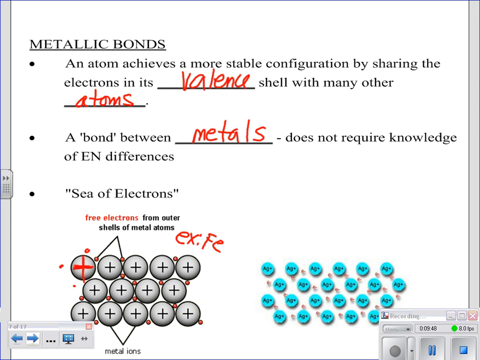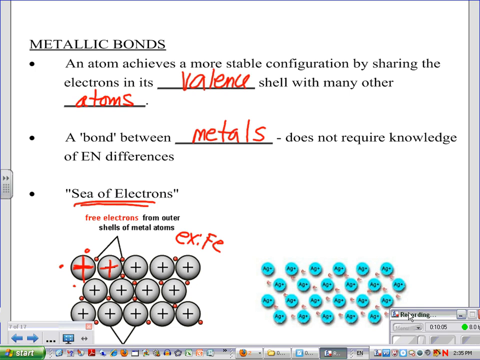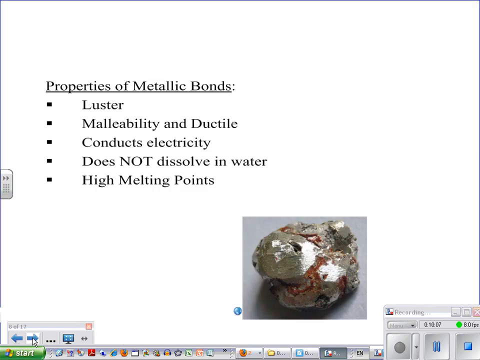These electrons floating around outside are attracted to the positive ions of those metals because they gave up those electrons. So it kind of holds it all together. And the best way to describe this is a sea of electrons. And we have this little video that will show it in this next one.